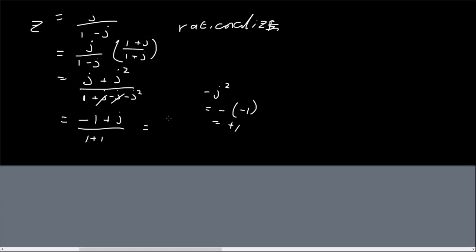That is equal to minus 1 plus j all over 2, which is equal to minus 0,5 plus 0,5 j, and that is in the form, let's just put our z here, z equals, so that is in the form a plus jd. So we are done. That is the end of question 16.